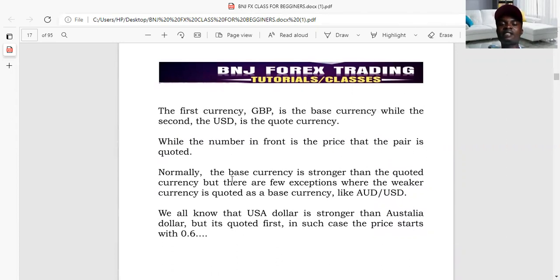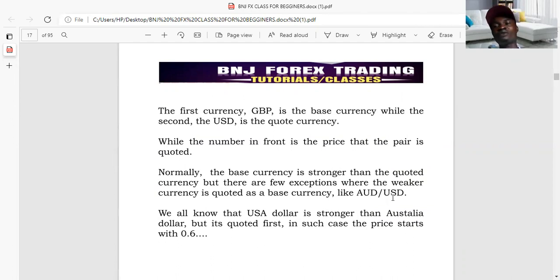Here we say normally the base currency is stronger than the quote currency, but there are a few exceptions where the weaker currency is quoted as the base currency, like AUD/USD.